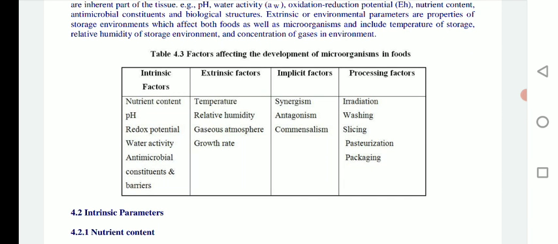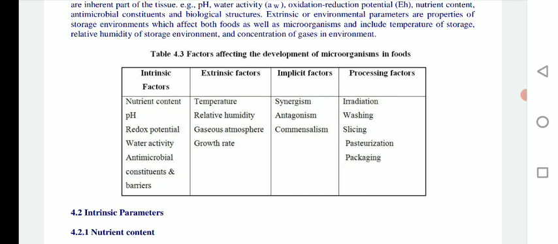So this is again a table. This is very informative, and this is the actual point of this topic: factors affecting growth of microorganisms and spoilage of food. There are some intrinsic factors you can see: nutrient content, then pH, then redox potential, then water activity, then antimicrobial constituents and barriers.